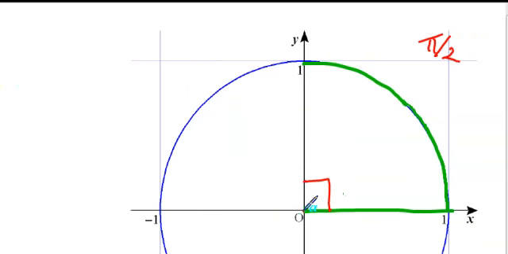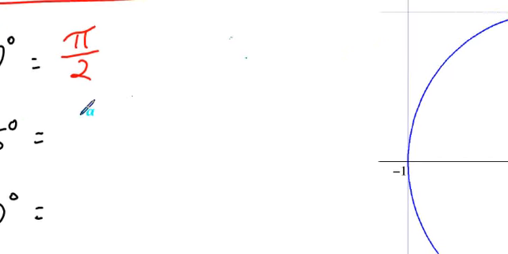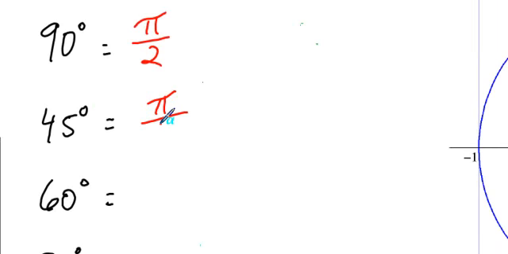The question is now, how do we find the radian measure of a 45 degree angle? Yes, we can go through the formula that we just used, or we can use the intuitive notion that a 45 degree angle cuts this arc length in half. If the arc length of the 90 degree mark is half pi, we need to take half of half pi, which comes out to pi over 4, or 1/4 pi.